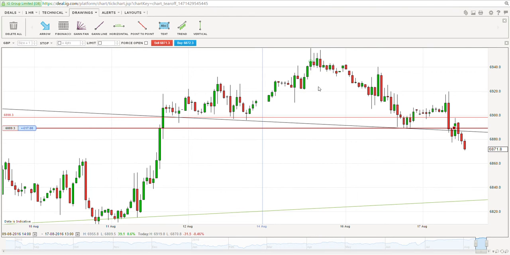So I'm expecting this to go at least 67 points below the neckline. So we go back here, the low again was 68.88 minus 67 is going to be about 68.21. So 68.21 is my target.